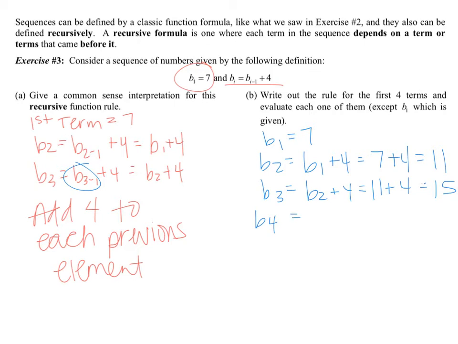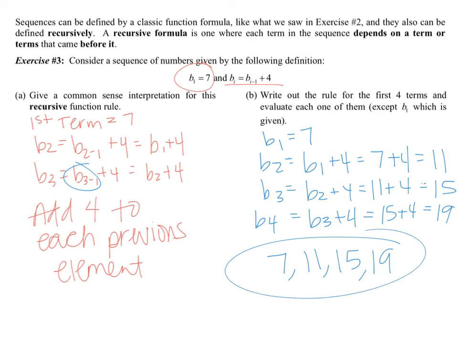And our fourth term is going to be b of 3 plus 4. So our previous was 15 plus 4 equals 19. So to write these in sequence, it's 7, 11, 15, 19. When it asks you to write out the first 4 terms, you need to put them in a sequence like this.